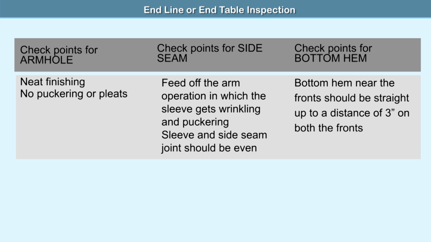Sleeve and side seam joint should be even. Checkpoints for bottom hem. Bottom hem near the fronts should be straight up to a distance of 3 inches on both the fronts.